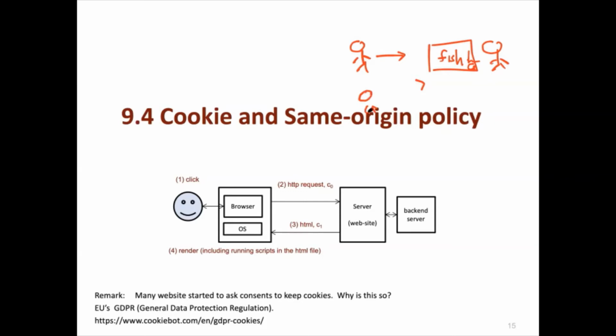The owner quickly takes a piece of paper, writes this down, and passes it back to us. This is the token. In fact, this is the cookie. So now we keep this piece of paper.